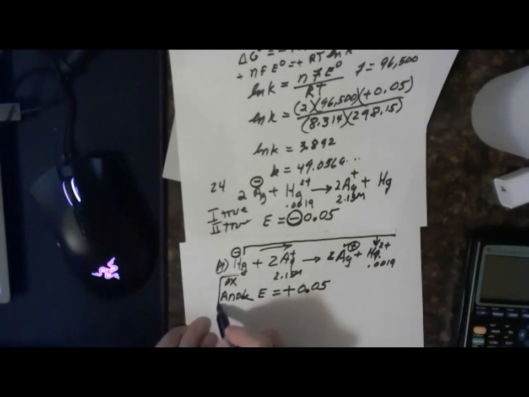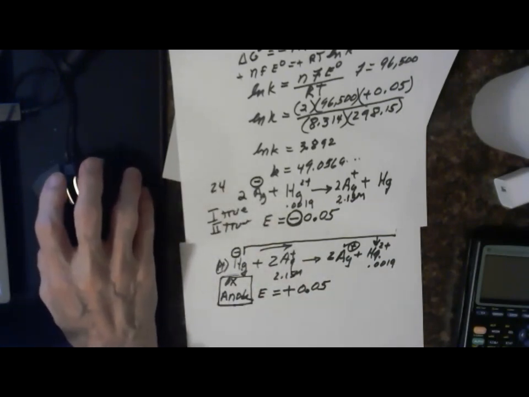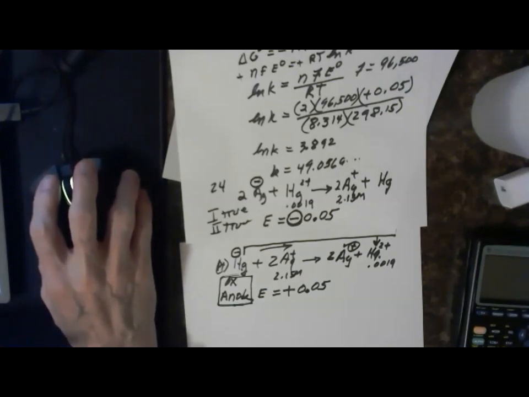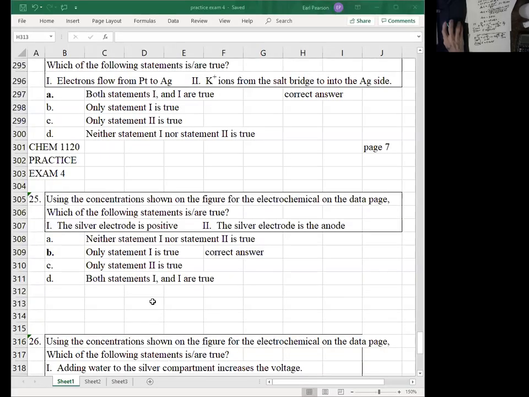Well, no, I said mercury was oxidized, so mercury is the anode. So statement number 2 is false. So number 1 is true and number 2 is false. Let's look at our screen share and see if that's correct. Yes, only statement 1 is true.